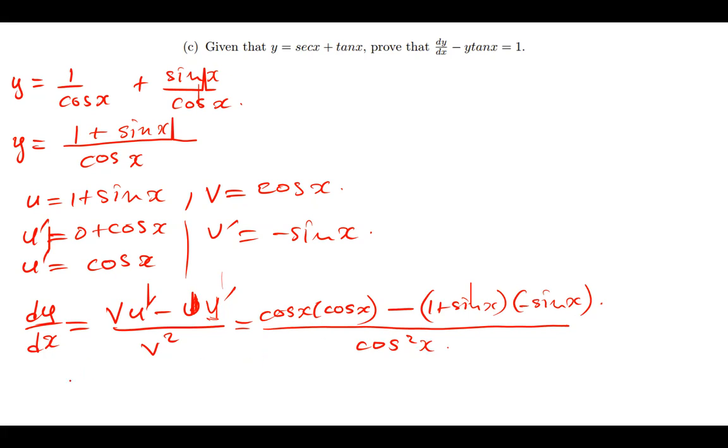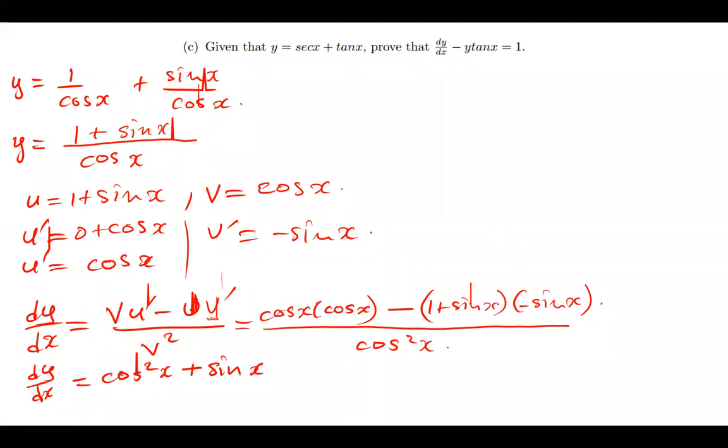So let us simplify this. So simplifying this, we get dy dx as cos x times cos x. This will give us cos squared x. And then we say minus, when we multiply this negative and that negative, meaning we'll have a positive there. And then sine x times 1 will get sine x.